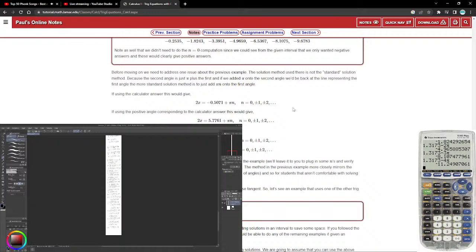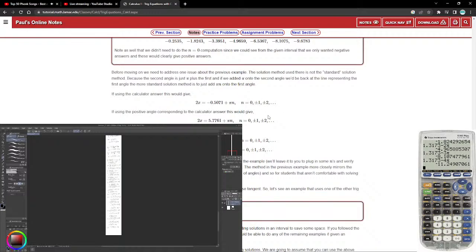If using the positive angle corresponding to the calculator answer, this would give, after dividing by 2, either of the following sets of solutions. Either of these sets of solutions is identical to the set of solutions we get in the example. We'll leave it to you to plug in some n's and verify that.